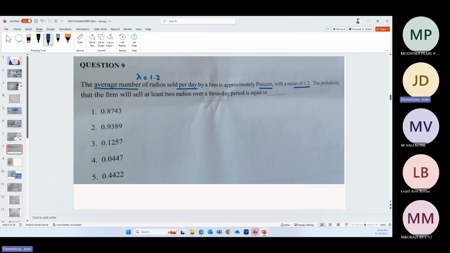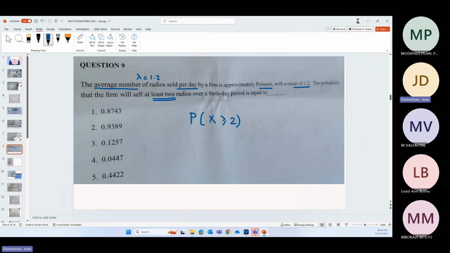The probability that the firm will sell at least, okay, at least is again the probability that X is bigger or equal to 2. So at least 2 means the minimum that you need to sell is 2.